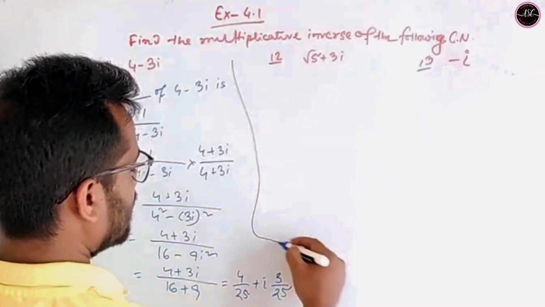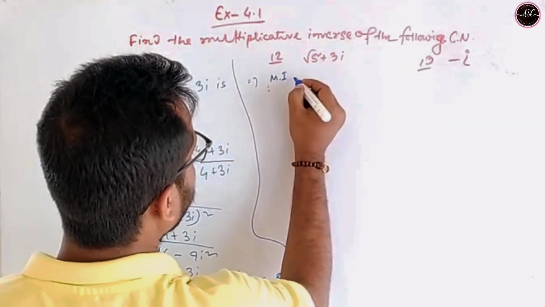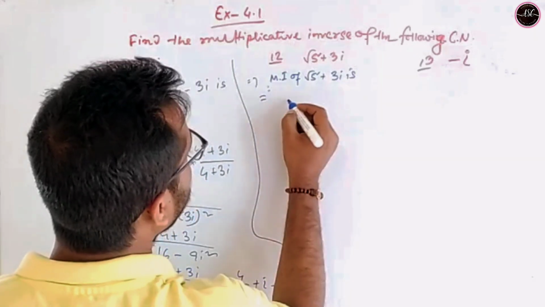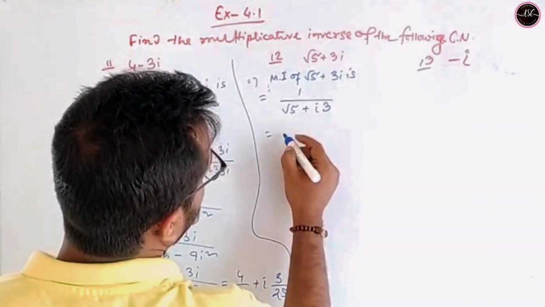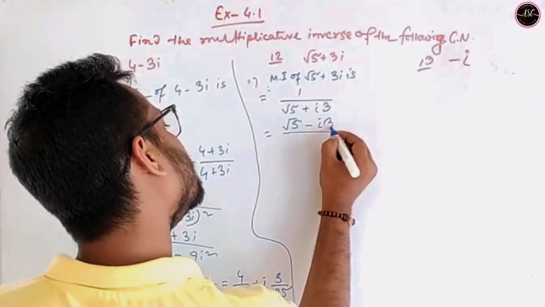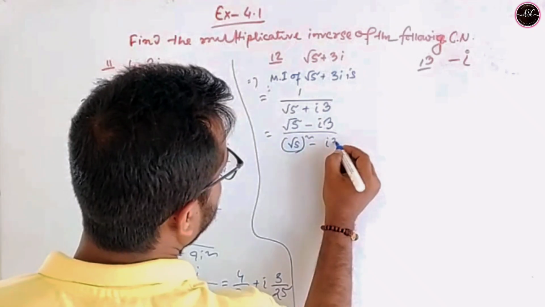Okay. Now for this, the multiplicative inverse of root 5 plus 3i is equal to 1 by root 5 plus 3i. So just rationalize this. We get root 5 minus i3 and here root 5 whole square minus of i3 whole square.